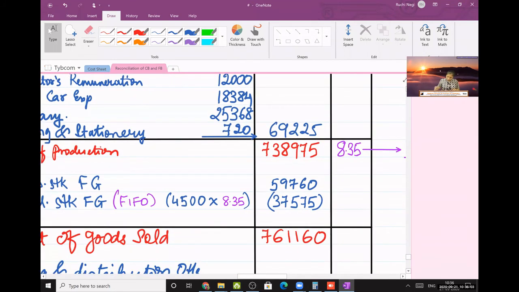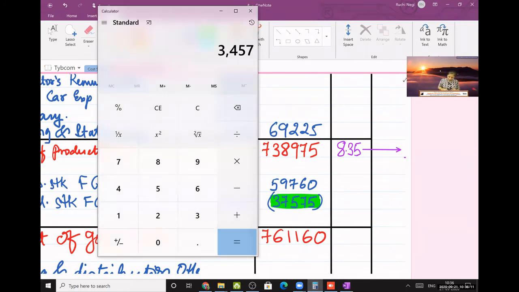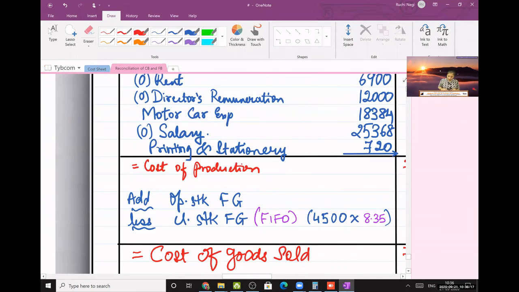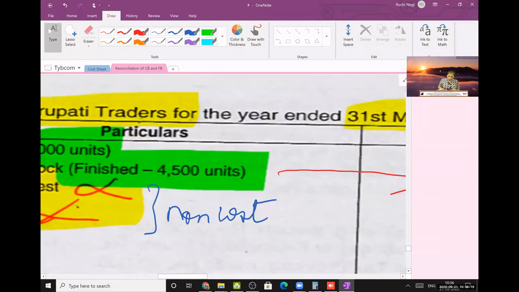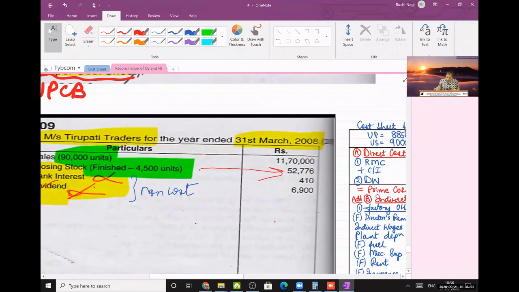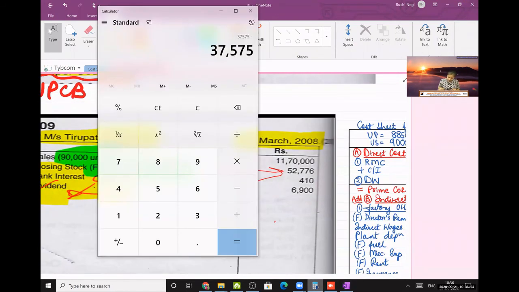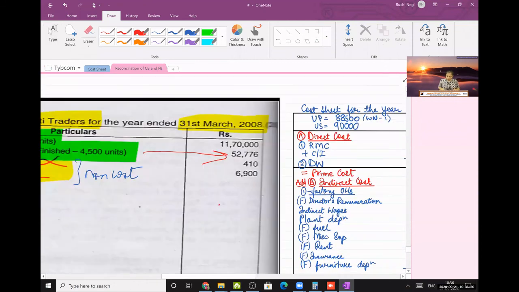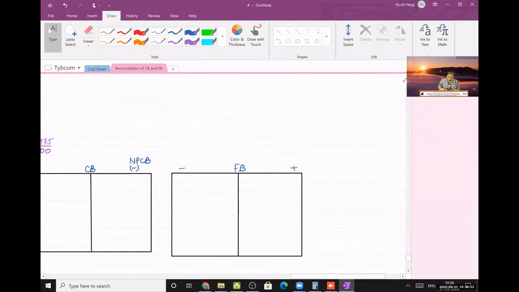So 37,575, this item, minus, let us see, closing stock of finished goods 52,776. So 15,201 is excess.